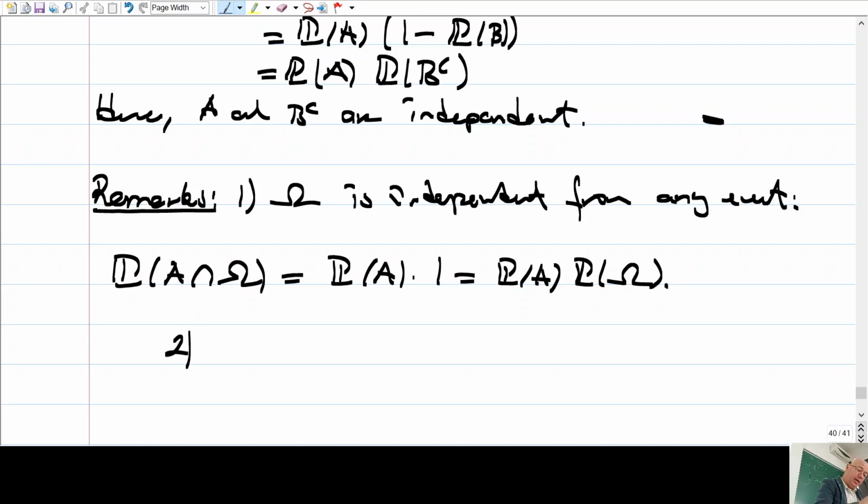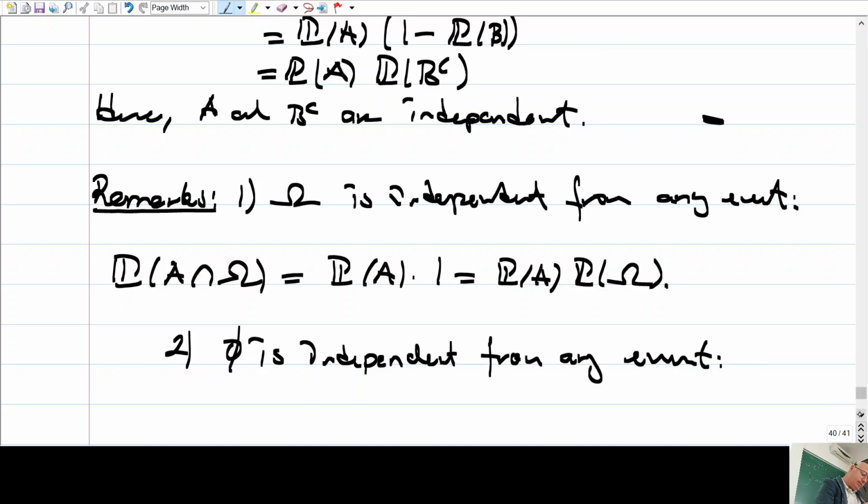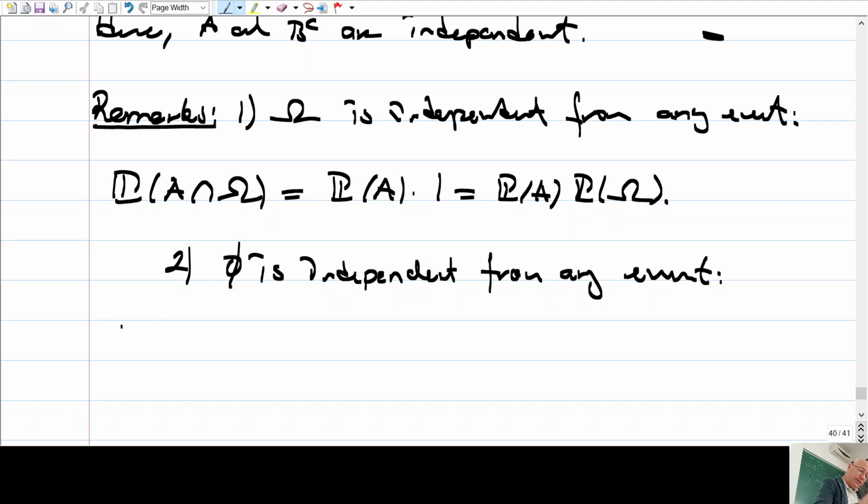Similarly, the empty set is independent from any event. Why is that? Well, P(A intersection empty set). This is just, of course, the empty set, and it is just 0.